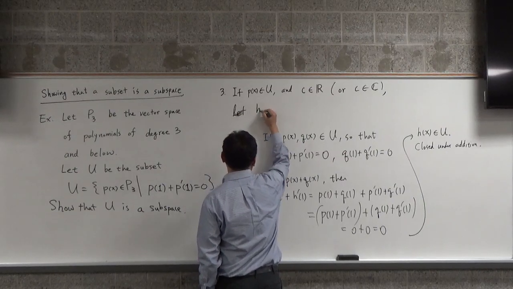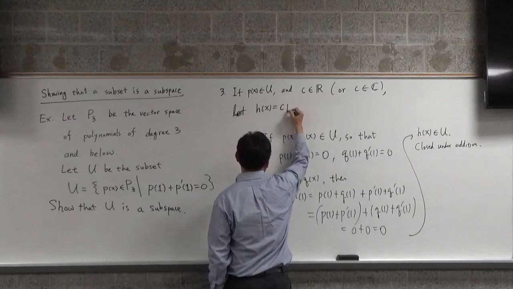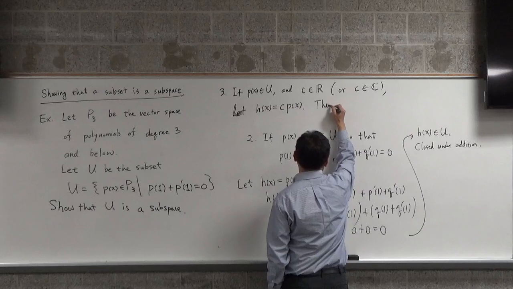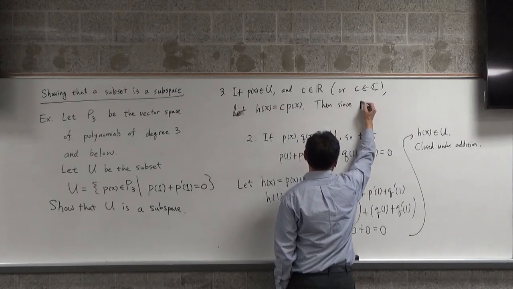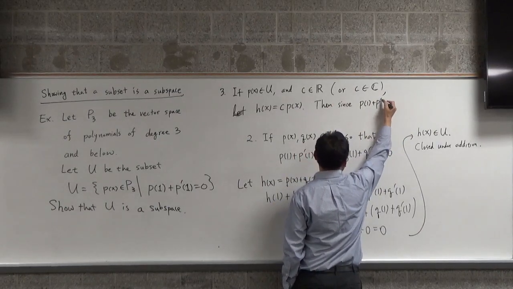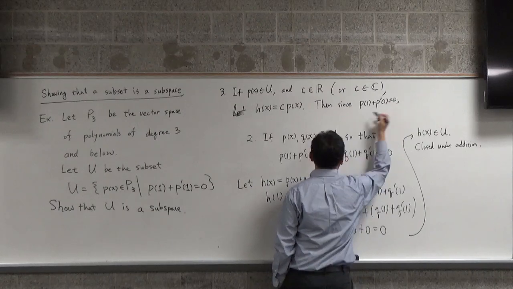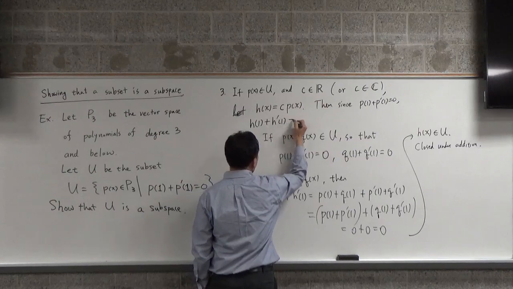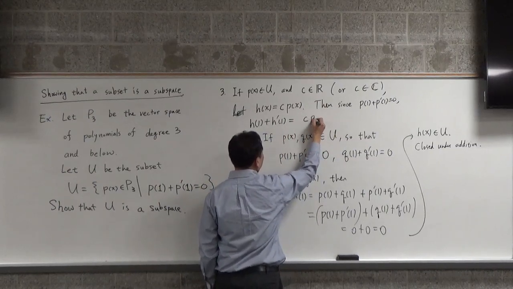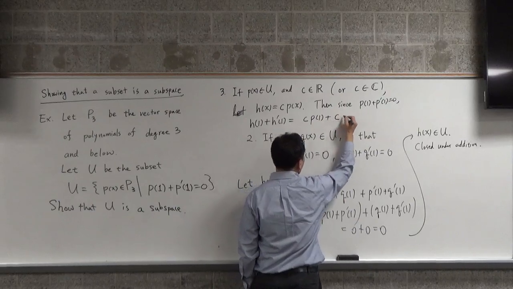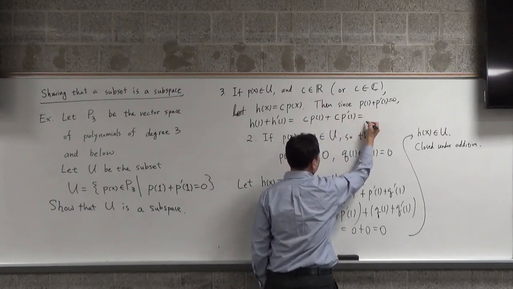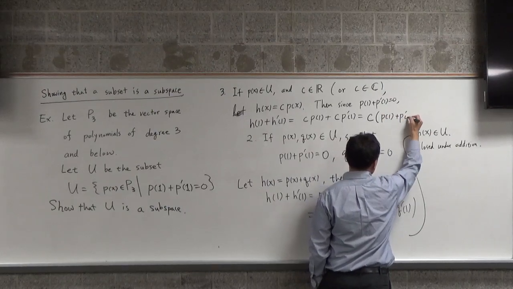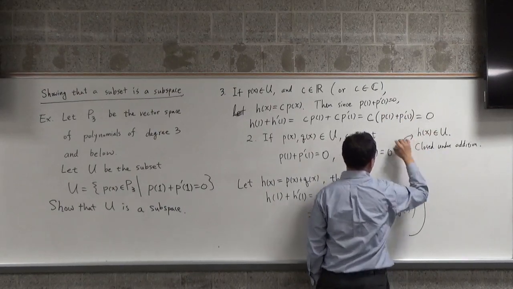Let h(x) now be c times p(x). Okay. Then, since p(1) plus p'(1) is 0, h(1) plus h'(1) equals c times p(1) plus c times p'(1), which equals c times p(1) plus p'(1), which is just 0, because this is 0.